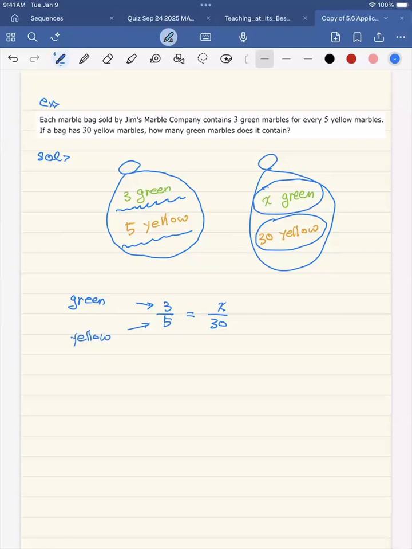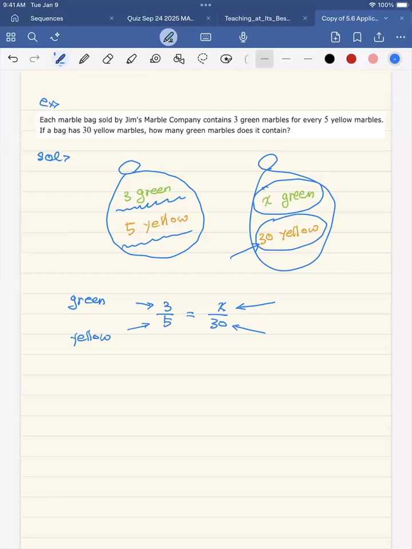So we have to be consistent in writing. I would write the number of green marbles in the numerator. We don't know it, so I represented it by x. And I write the number of yellow marbles in the denominator.